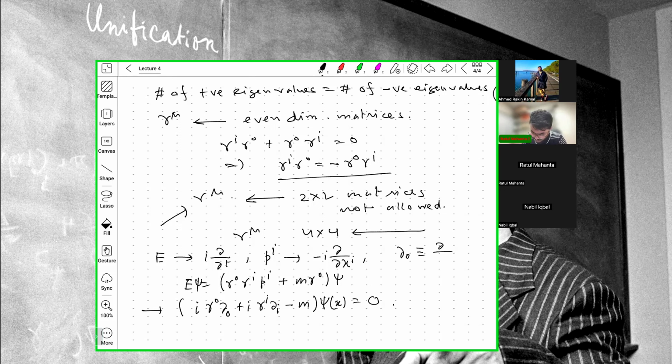Del 0 is del t and del I is del xi. But these are multiplied by some 4 by 4 matrices. So psi has 4 components. It is also a column matrix.